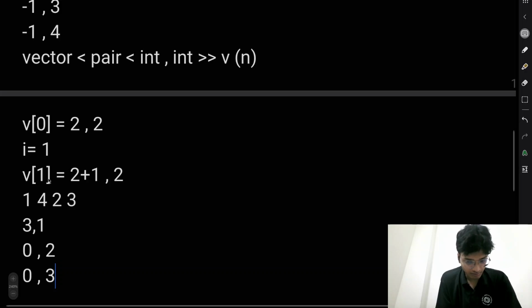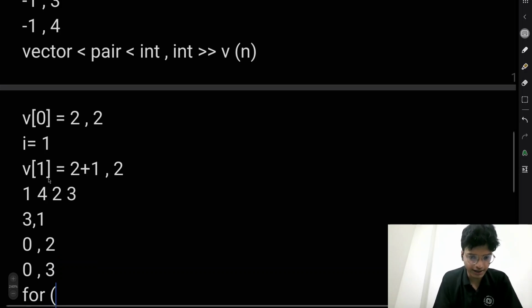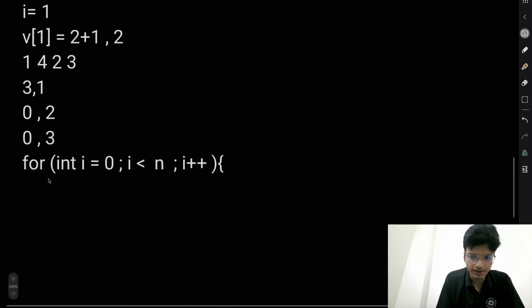Then we would move with for int i equal to 0, and i should be less than n. Then we just store the maximum of v of i dot first.